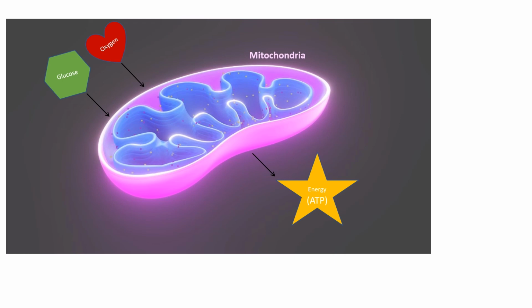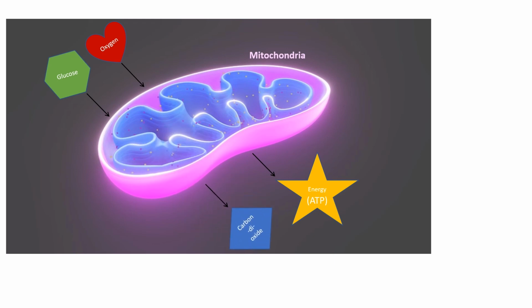And when they produce energy, remember when we talked about eating food? When we eat food, it goes into our GI system, the stomach, small intestine, large intestine, and it comes out as a waste product. The same thing happens in the mitochondria. It takes in the glucose and the oxygen, and it produces ATP, which is the energy, but the byproduct, which is the waste product, is the carbon dioxide.